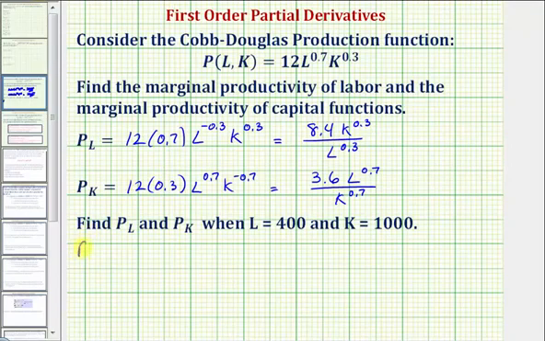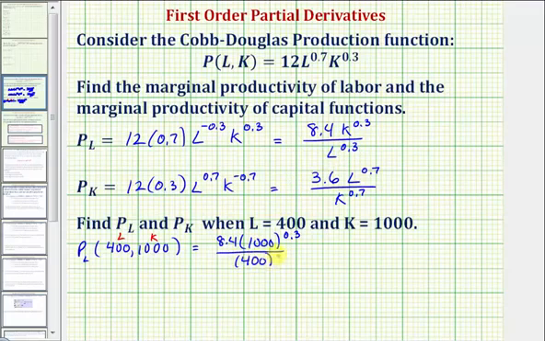So the partial with respect to L, notice how the coordinates are L comma K, so it'd be 400 comma 1000. Again, where L equals 400 and K equals 1000. So for the partial with respect to L, we would have 8.4 times K, or 1000, raised to the power of 0.3, divided by L, or 400, to the 0.3.